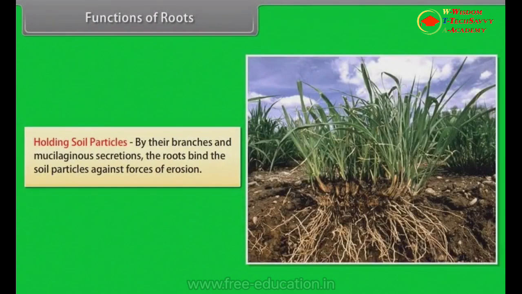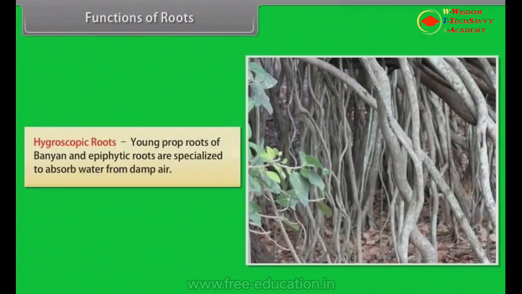Holding soil particles: by their branches and mucilaginous secretions, the roots bind the soil particles against forces of erosion. Hygroscopic roots: young prop roots of banyan and epiphytic roots are specialized to absorb water from damp air.